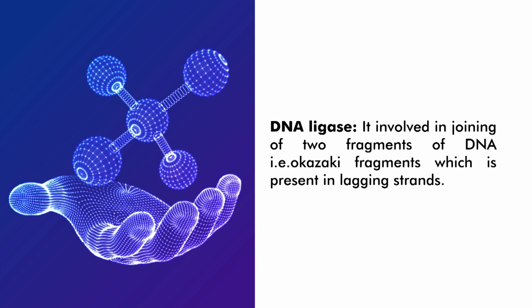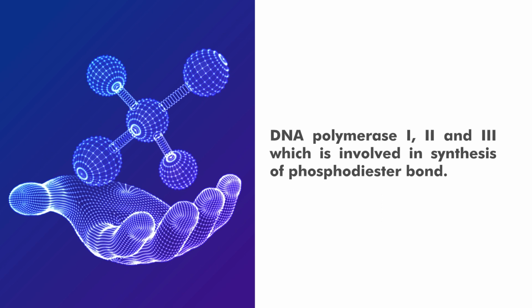DNA ligase catalyzes the formation of a phosphodiester bond between a 3' hydroxyl group at the end of one DNA strand and a 5' phosphate group at the end of another strand, that is present between two Okazaki fragments on the lagging strand.